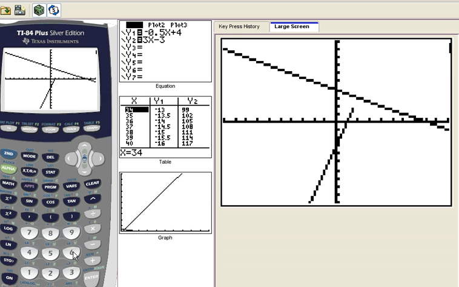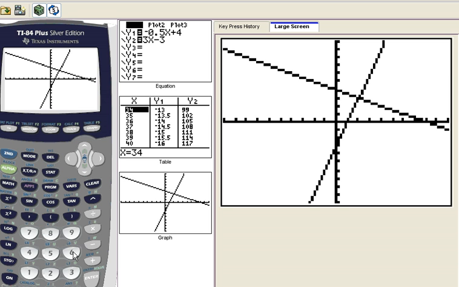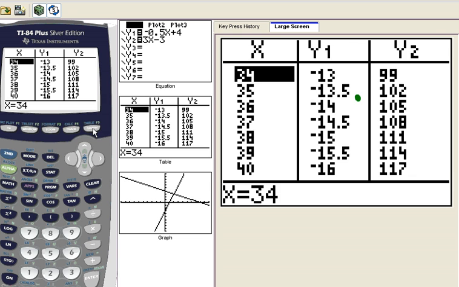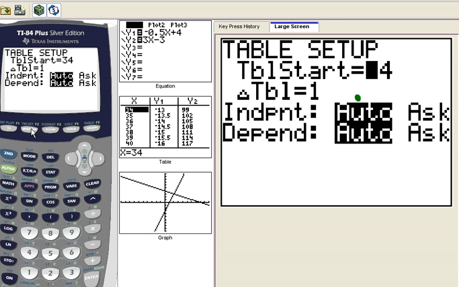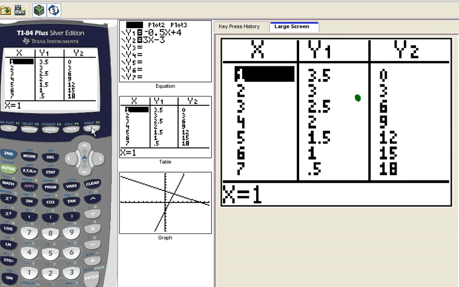And we want to see the place where they cross, and we can see that right here. There's the point. It looks like the point is 1, 3. Now, there's a couple ways I could check it. I could check it on my table. And if on my table I go to 1, notice that at 1 the two y values are different here.